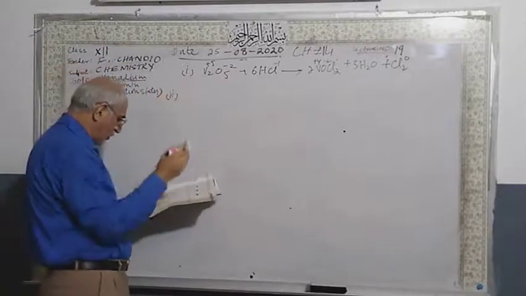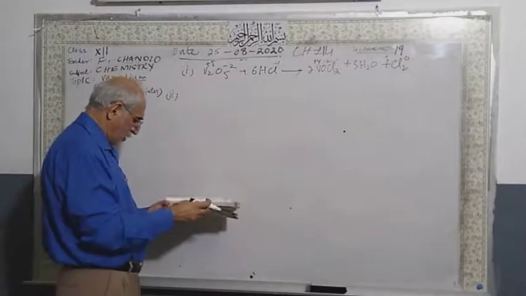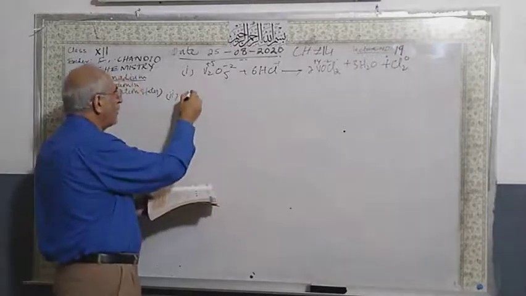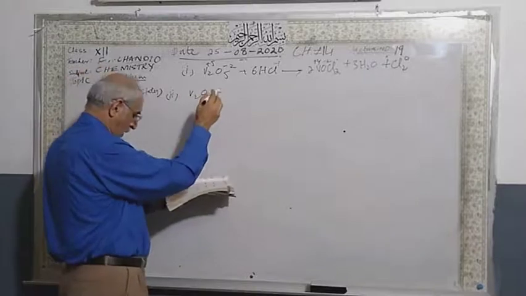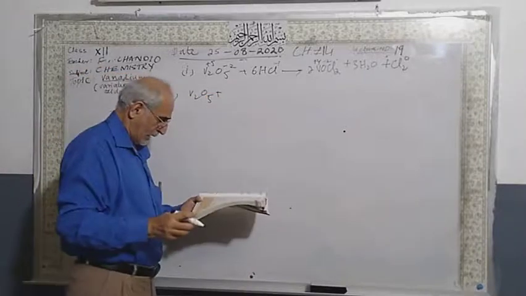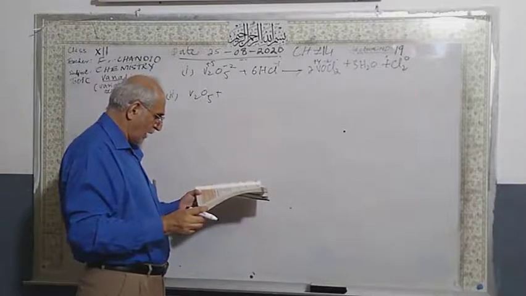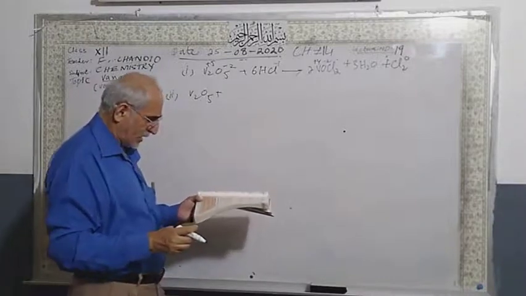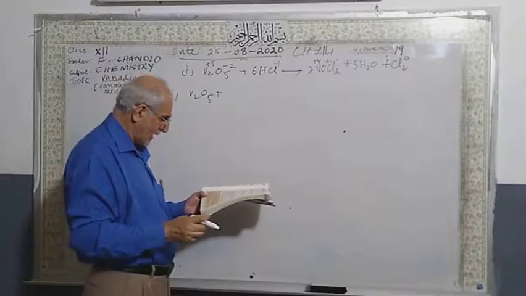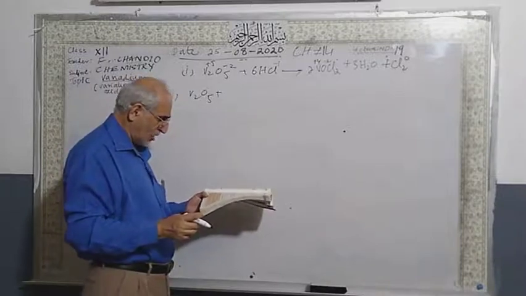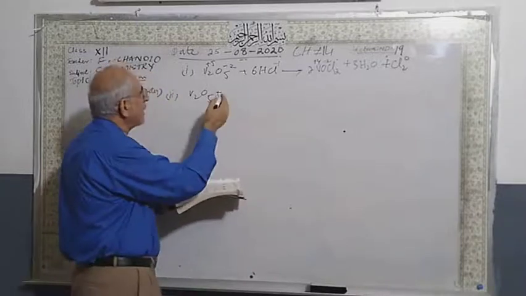Now in reaction number 2, you are seeing that vanadium pentoxide again reacts with HCl in this chemical reaction.